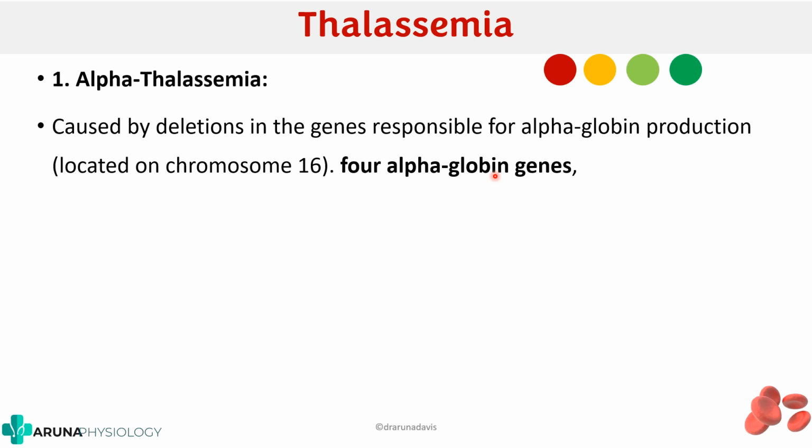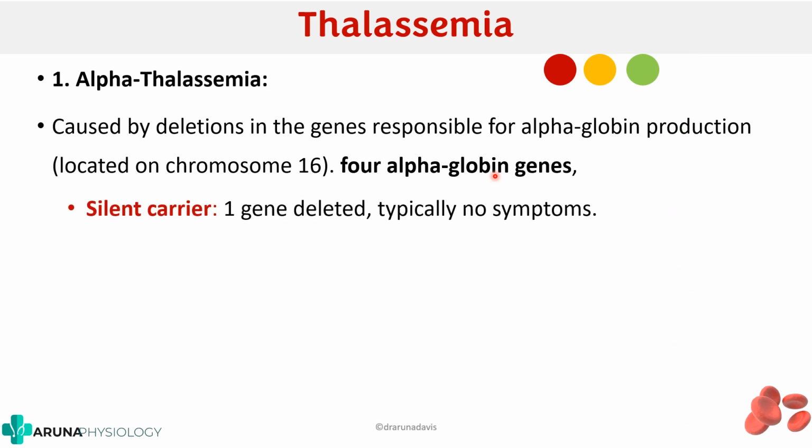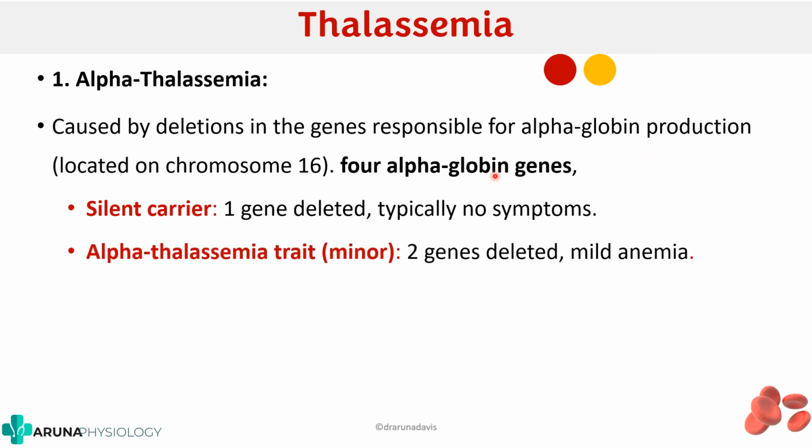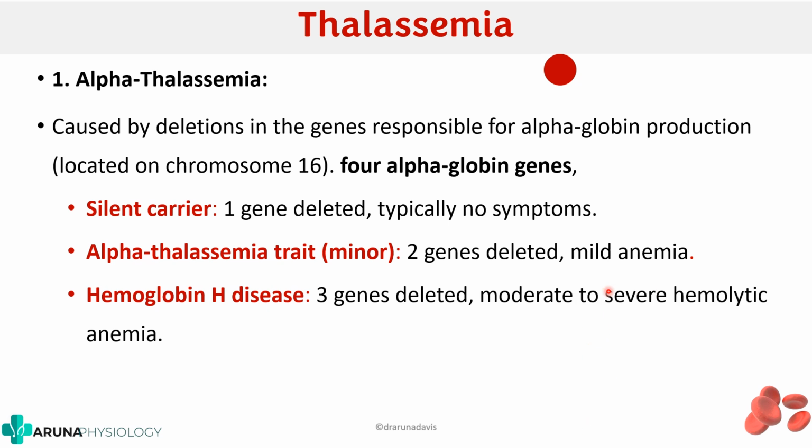Suppose just one gene is deleted, then that person will be a silent carrier because they may not have any typical symptoms. Now suppose 2 genes are affected, then you can have alpha thalassemia trait. So they might have mild anemia. Then we've got hemoglobin H disease in which 3 genes have been deleted. So you'll have moderate to severe hemolytic anemia. So that is called hemoglobin H disease.